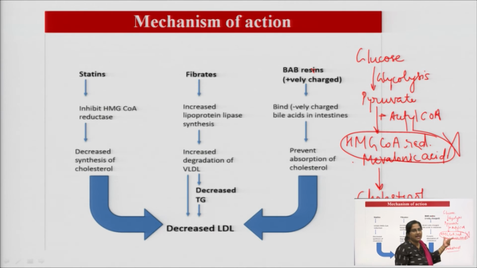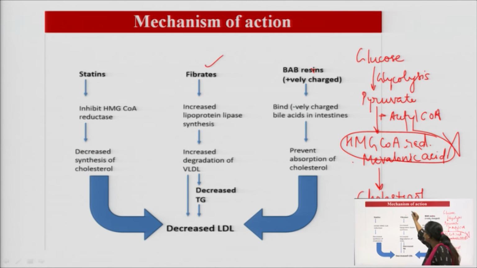This step is cancelled out and then there is no formation of cholesterol. Statins inhibit HMG coenzyme A reductase and decrease the synthesis of cholesterol. So, finally, it decreases the amount of LDL. LDL is low density lipid.